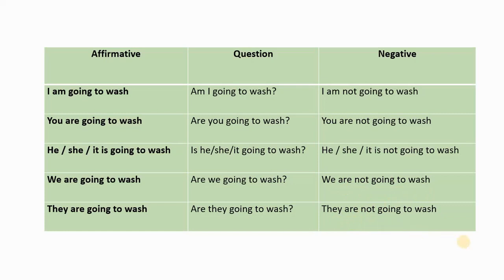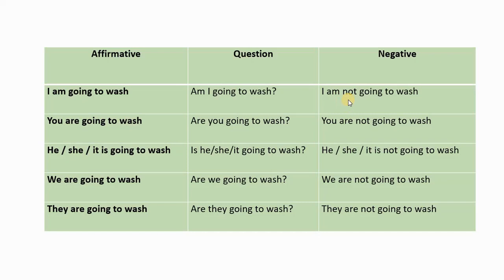So, the important word here is the word not in the negative form. How do we change from affirmative to question to negative? We add the word not after the verb to be. Again, the important word in the negative form is not.